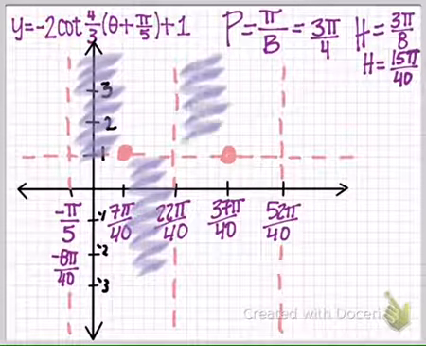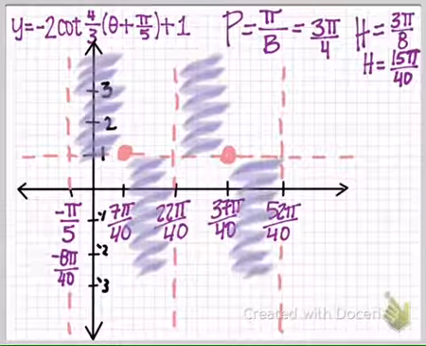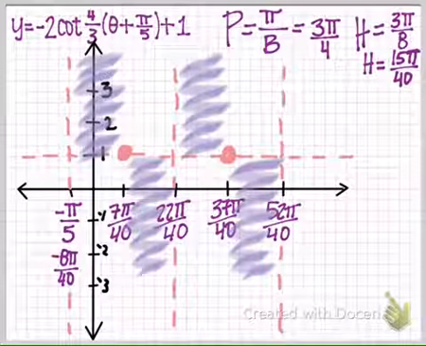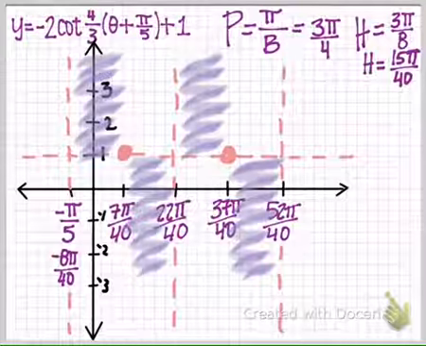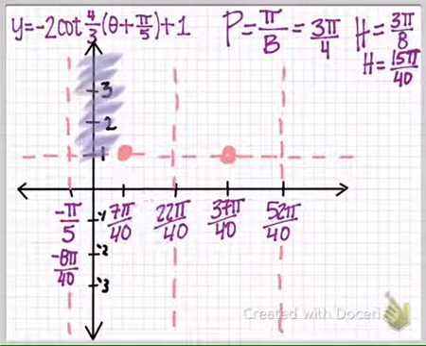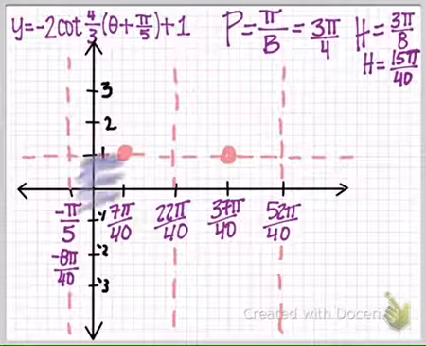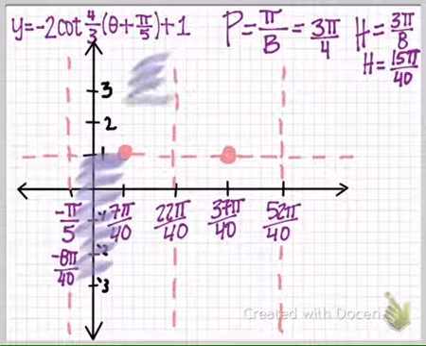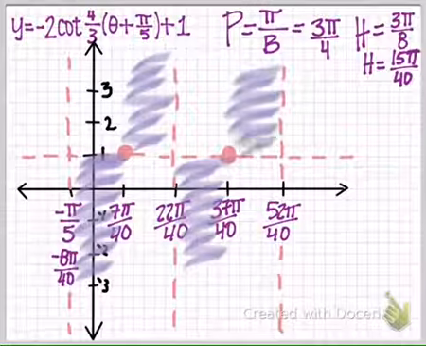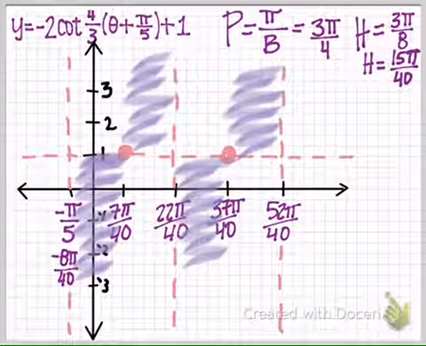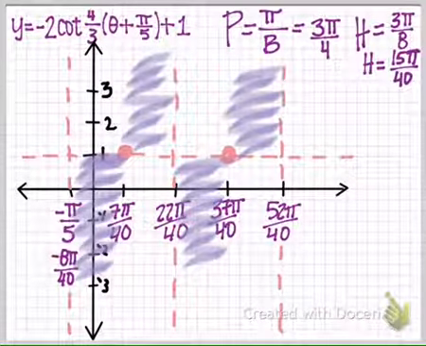Okay, good. Now, just to explain again, cotangent is usually positive in quadrant 1, then it's negative, then it's positive, then it's negative. So usually the branches would be in those purple areas. However, we have a negative sign out front, so that's going to be a vertical reflection. So that means it's going to be down here, down here, and up here, because the reflection puts the branches in those colored in areas.